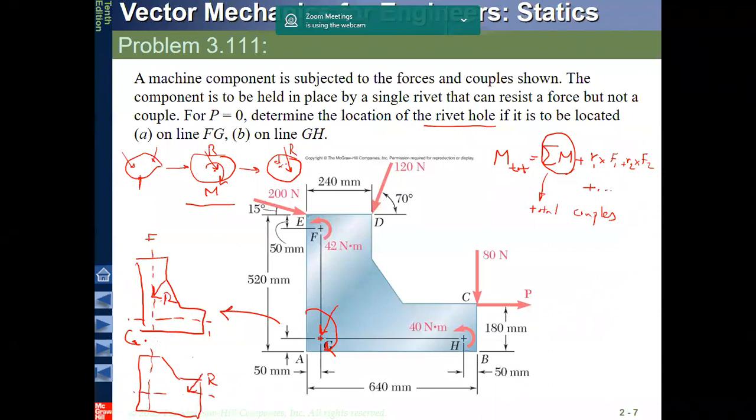So what you need to do for the first step is to calculate the moment and the force about point G.